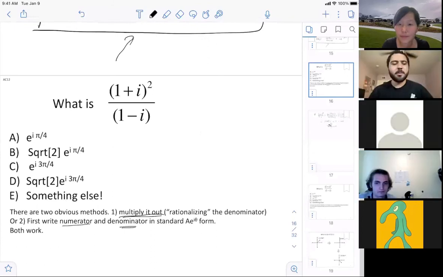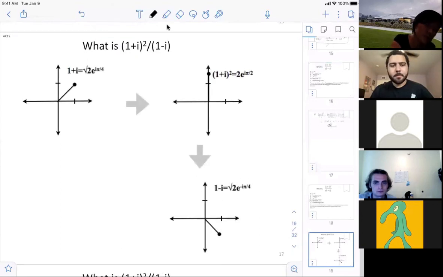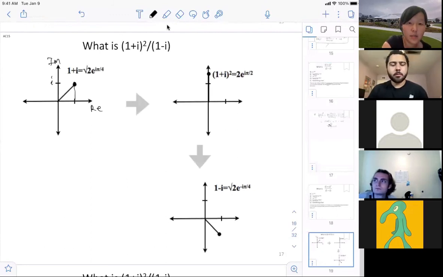I first turned each one into the complex exponential form, and then just simplified from there. Okay, very good. Let's look at your method. So each of them, 1 plus i, into the complex form. This is a complex plane, with the real axis and the imaginary axis, right? So 1 plus i is simply going to be this little dot here.